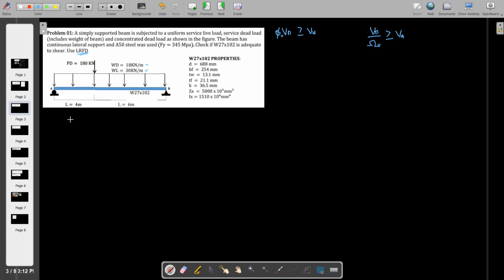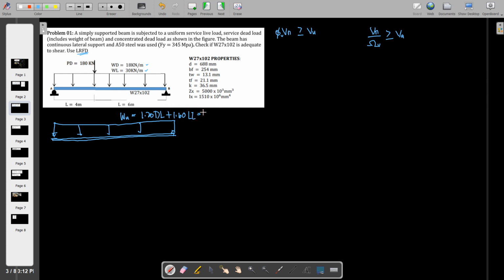Now, if we have LRFD, of course, you'll be dealing with factored load, the factored uniform load. W is equal to 1.2 dead load plus 1.6 of your live load.